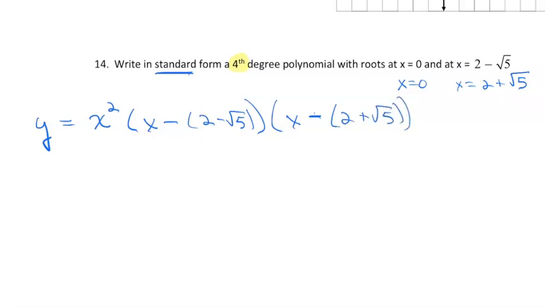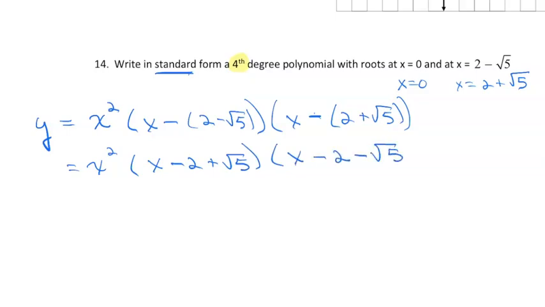Okay, so what I want to do now is I want to begin to recognize the factors as a difference of perfect square factors. So to do that, I'm going to distribute that negative and write it like this. Okay, and then I like to use my color.